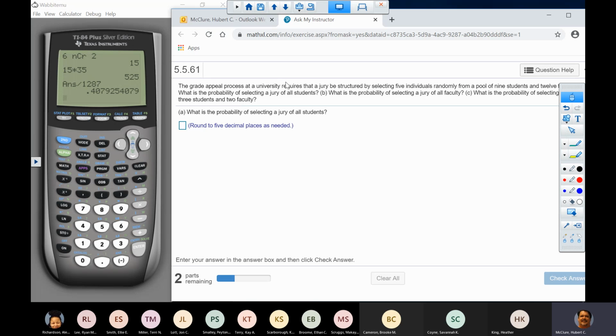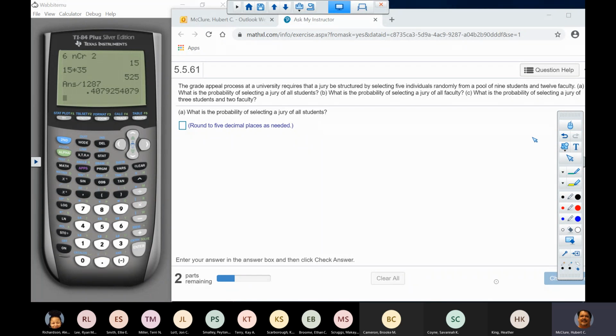The grades process of a university, okay, that's the same question. Now go ahead and get it started. Let's do the first one. I'm not going to do all of it. The grade appeals requires to select 5 individuals randomly from a pool of 9 students and 12 faculty.